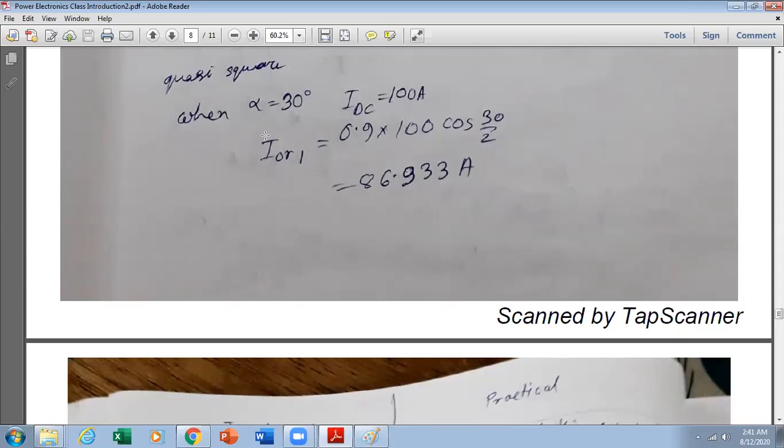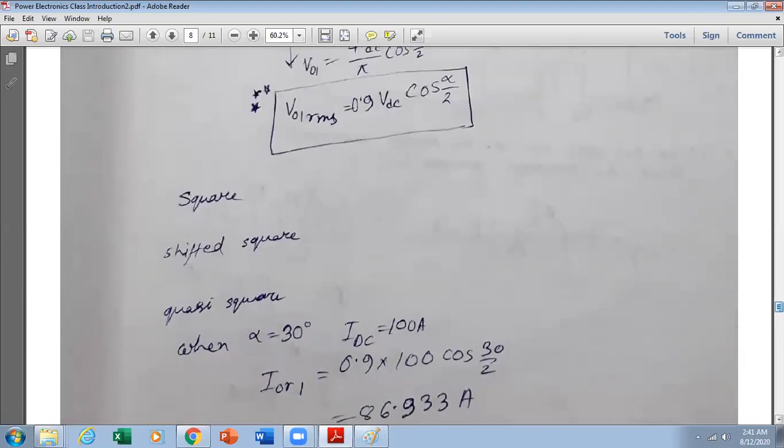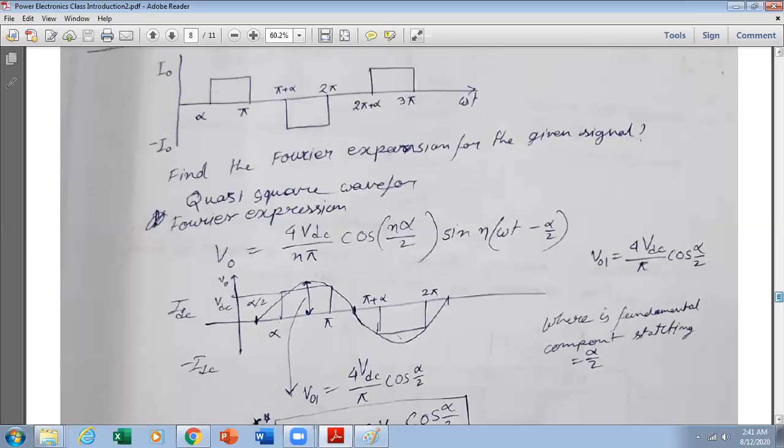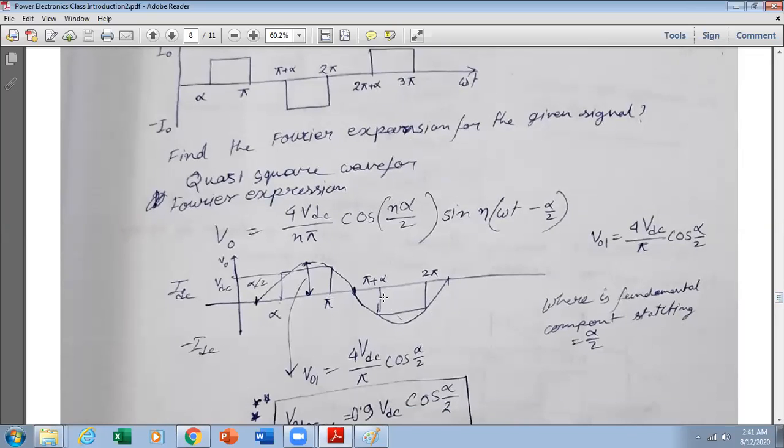So the fundamental RMS value will be 0.9 into VDC into cos alpha by 2, and that was the current 86.933. This is one of the problems. This way you can solve the problems. Output voltage can be written in this way, the Fourier expression for quasi-square waveform.